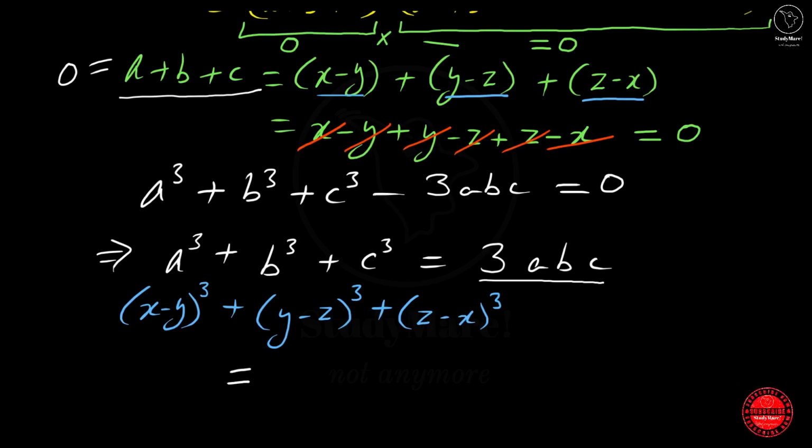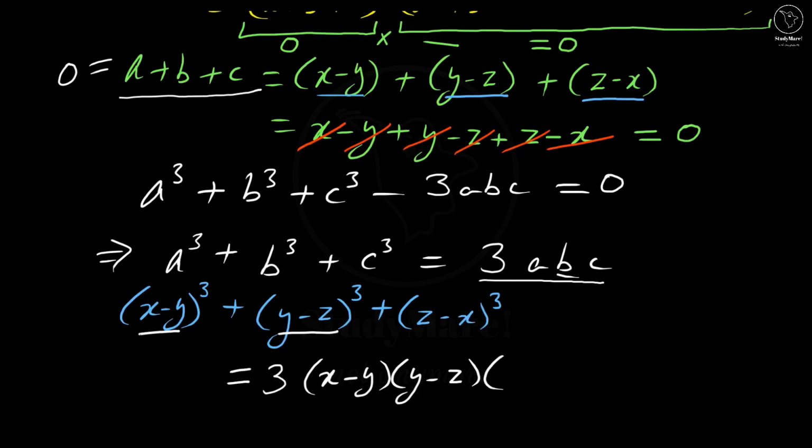Substitute the values. 3 into A. What is A? x minus y. Next we have B. What is the value of B? It's y minus z. Next we have C. What is the value of C? z minus x.